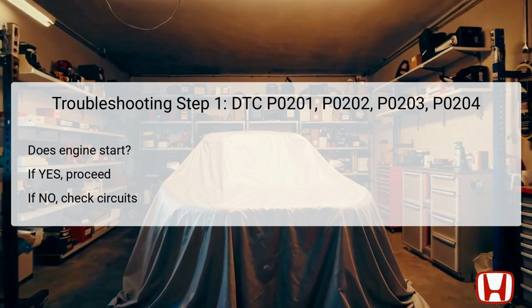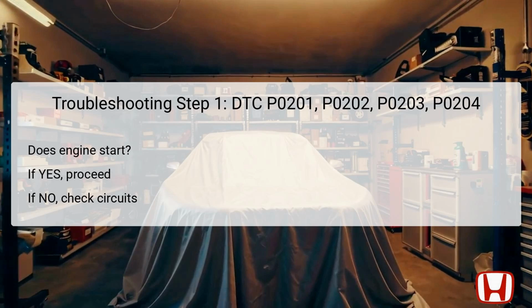Each of these symptoms should prompt further diagnostic checks to identify the specific injector or control circuit involved in the issue. The first step in troubleshooting DTCs P0201, P0202, P0203, and P0204 involves checking whether the engine starts. If the engine does start, the diagnostics can proceed to further inspections of the injector and power supply circuits.